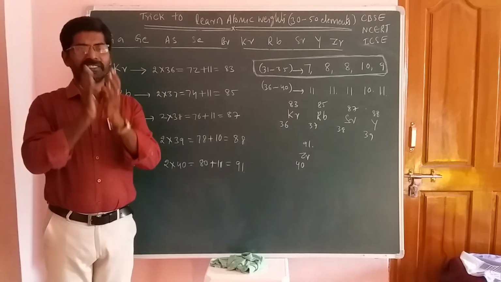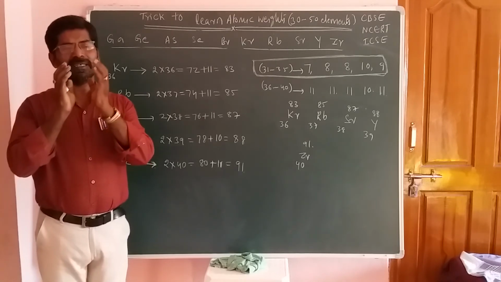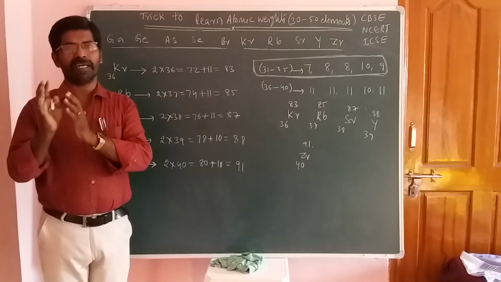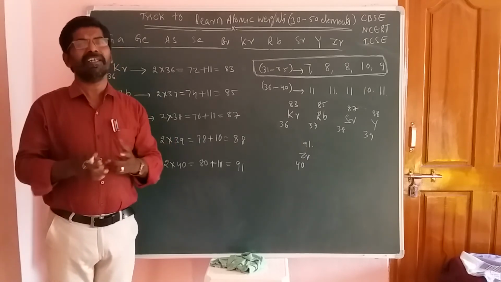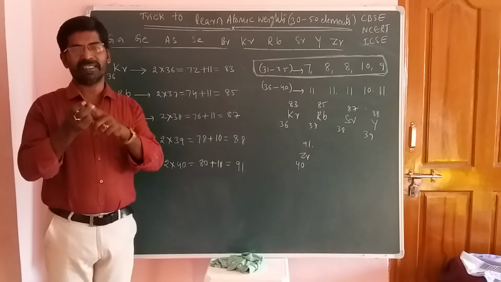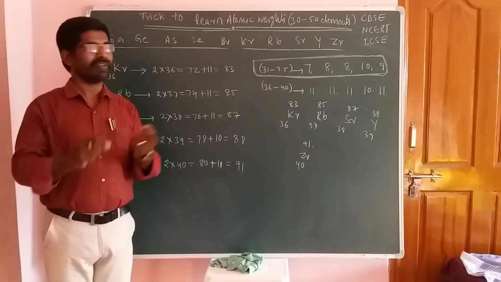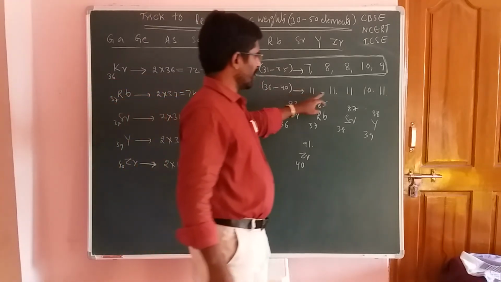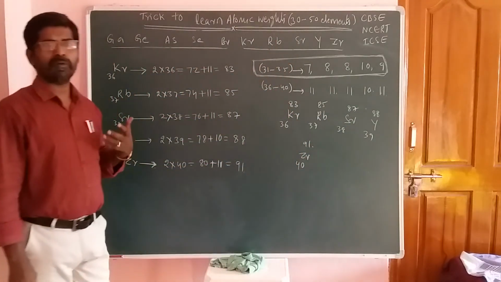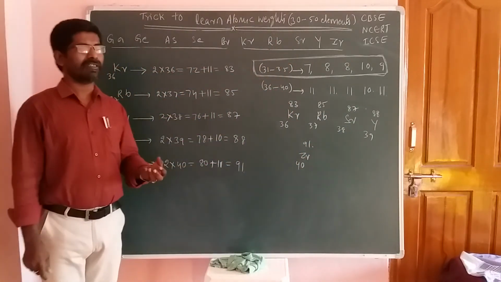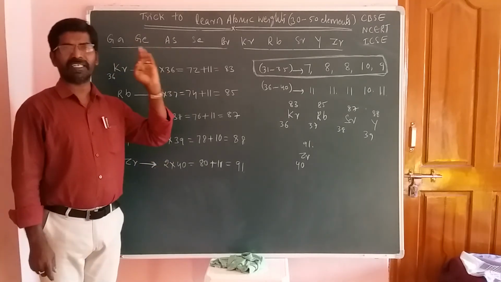For the first 5 elements you should add 7, 8, 8, 10 and 9. For the second part you should add 11 for 36, 37, 38 and 40, except the 39th element, where instead of 11 you should add 10. So by using these numbers you have to find out the atomic weights of the elements from atomic number 31 to atomic number 40.